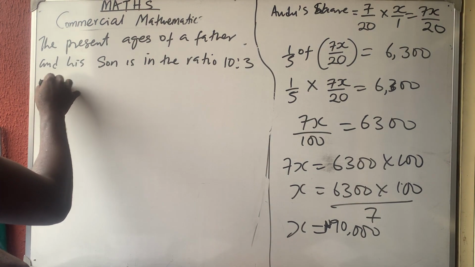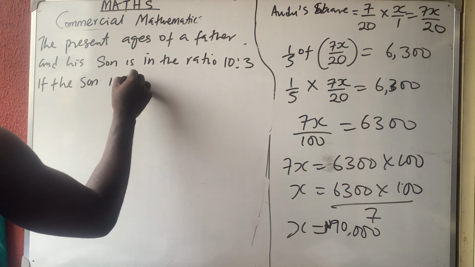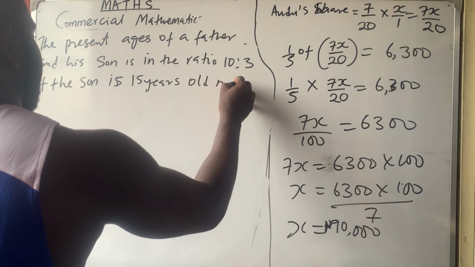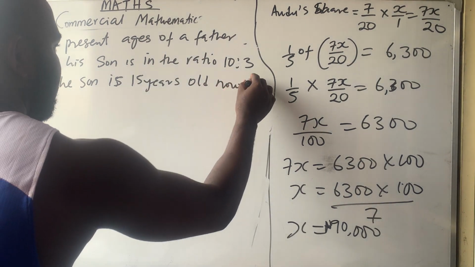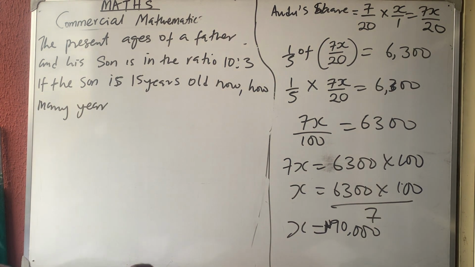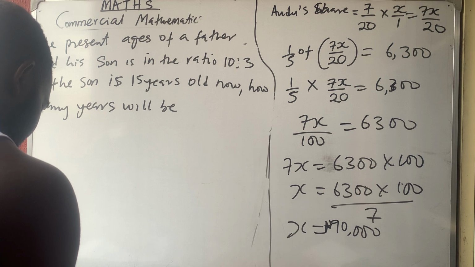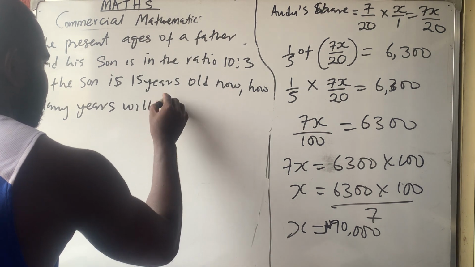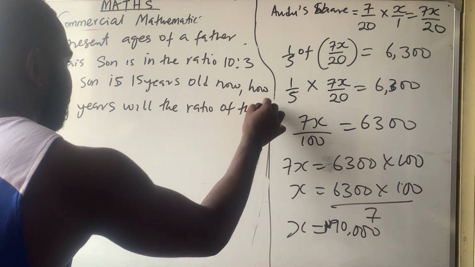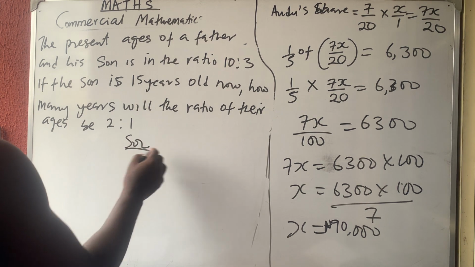So then I say if the son is 15 years old now, comma, how many years will the ratio of their ages be 2:1, right?